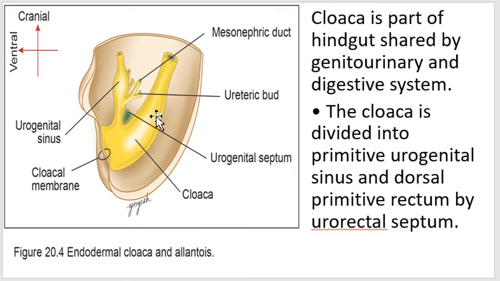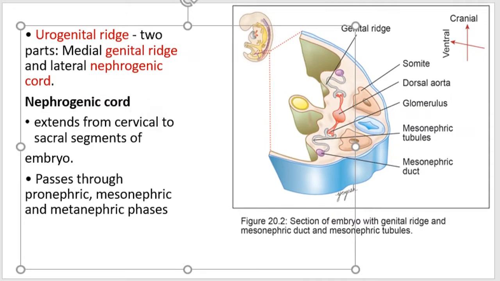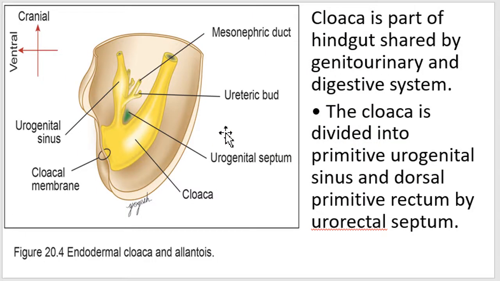The cloaca is divided by one septum that extends between the gut and the allantois. It extends downwards, and this septum is situated coronally.